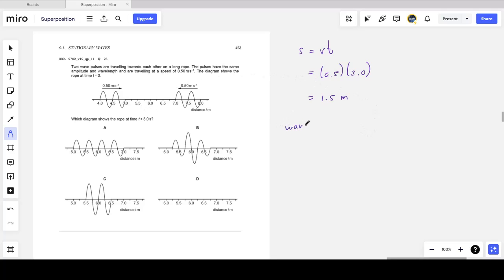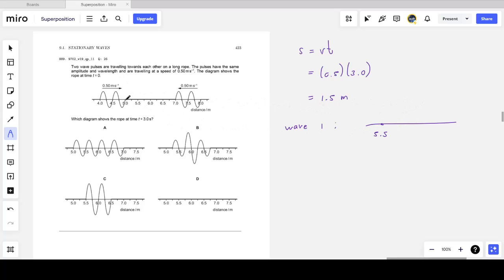So let's look at what wave 1 would look like 1.5 meters later. It's going to be starting at 5.5 meters, because the starting point was 4. 4 plus 1.5 is 5.5.